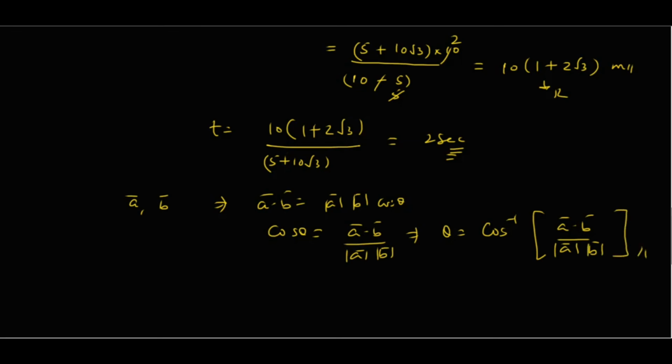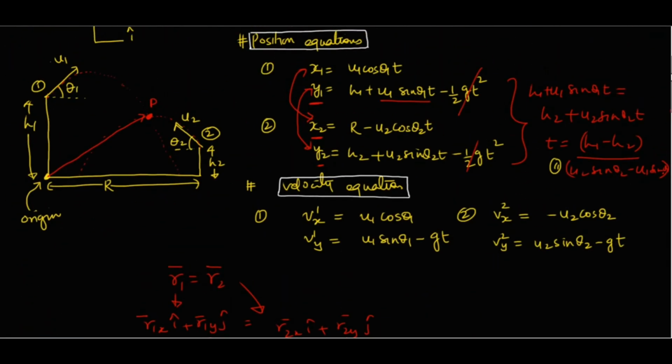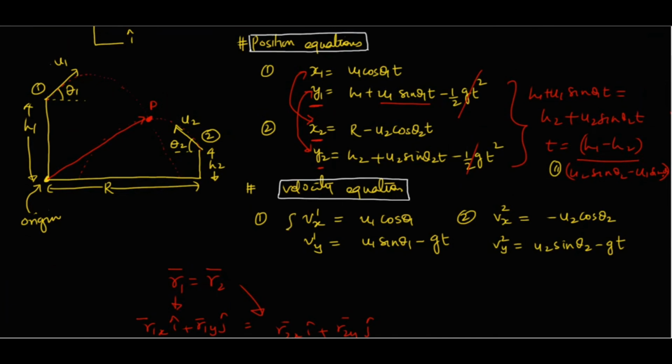And so all I have to calculate is the v1 vector and the v2 vector. Now if you have noticed, I have already given you the functional forms of v1 and v2. This is my v1 vector and this is my v2 vector. These are just the components.